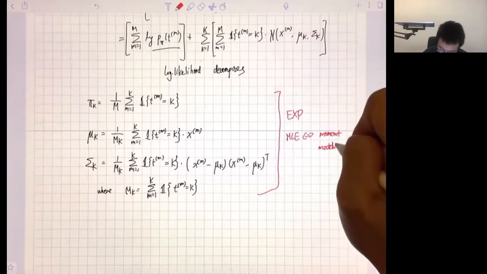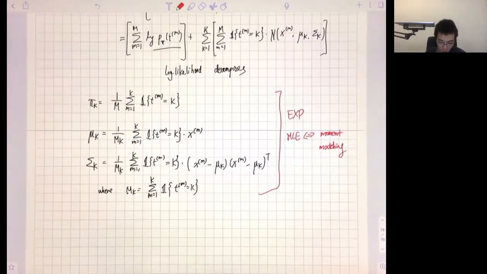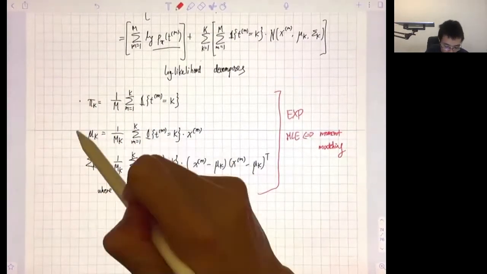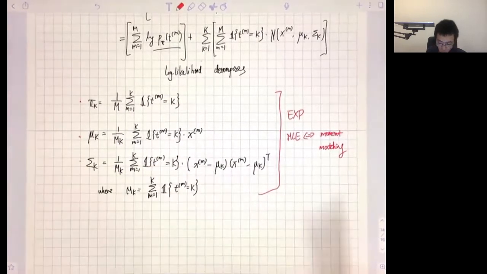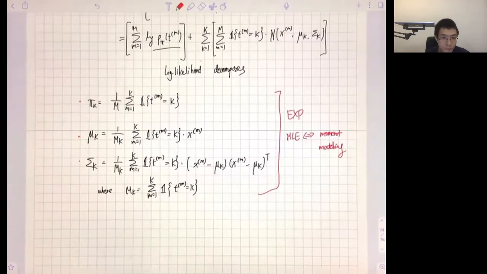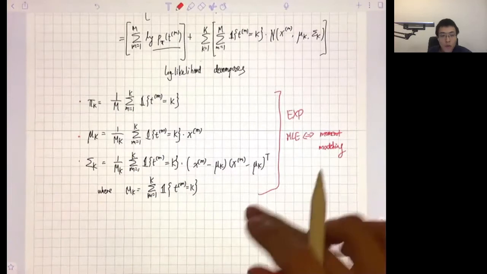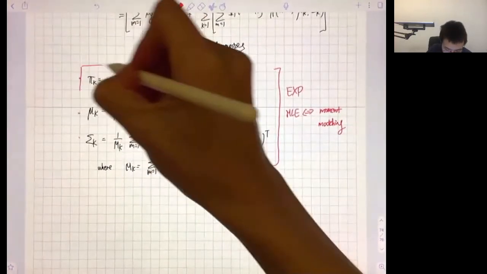So both cases are exponential family, and then the maximum likelihood estimation is you just match the moment. But I would give another proof for this part.